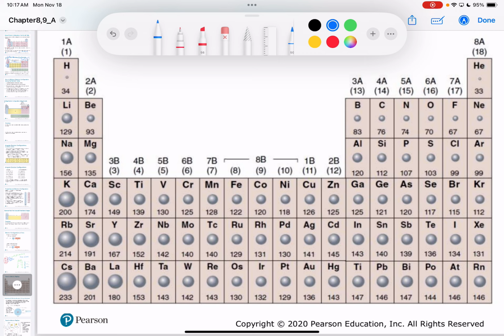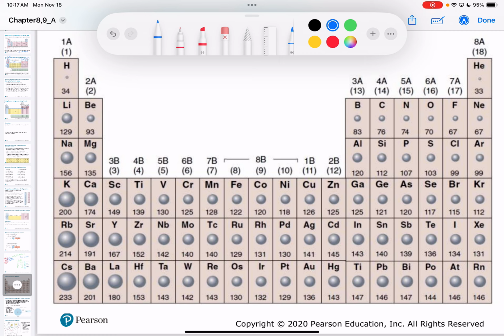As we go down, remember the Z effective, the number of protons is not particularly influential, because even though we increase the number of protons, we also increase the shielding, and so that doesn't help us very much. So all we're looking at here is the shell. This one's at n equals 2, this one's at n equals 3, this one's at n equals 4.